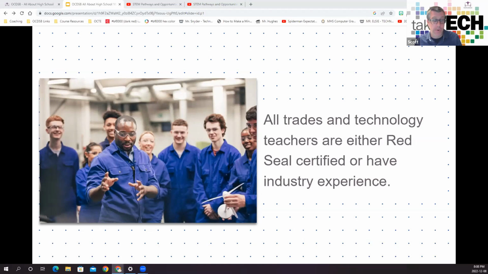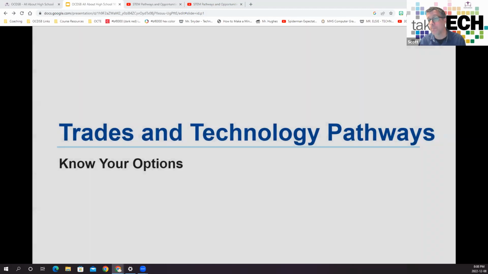One of the requirements from the College of Teachers is that our technology teachers are either Red Seal in areas such as welding, construction, transportation technology, or that they have industry experience when it comes to areas maybe even like soft tech, like communication technology. So teachers are bringing real world experience into the classroom, which is really beneficial for our students as we help them make decisions going forward, because they're bringing the most recent information with them into the classroom.